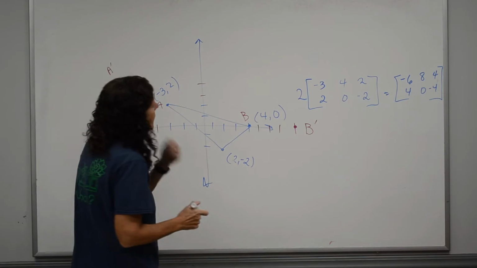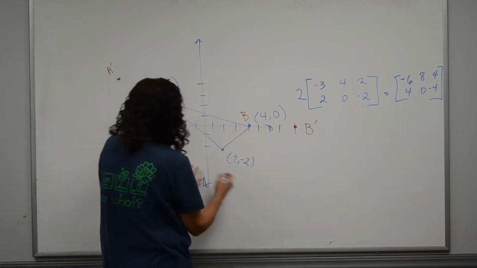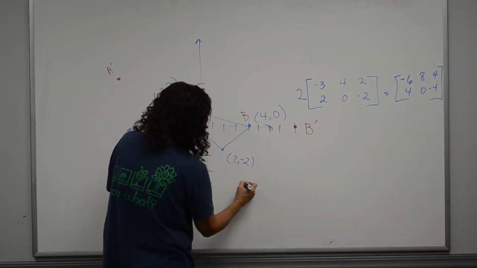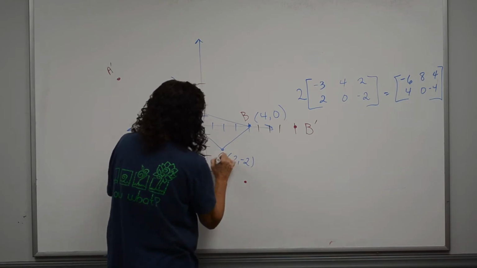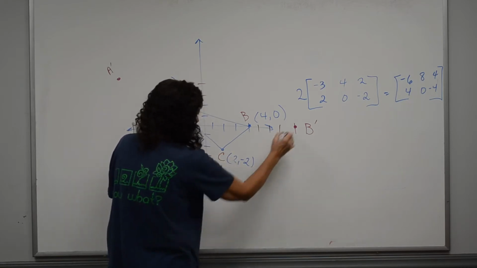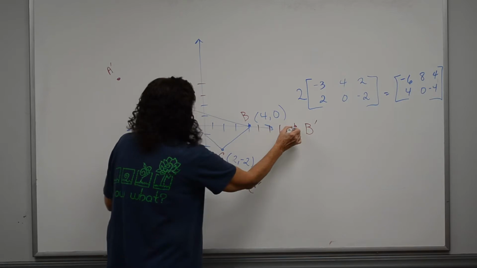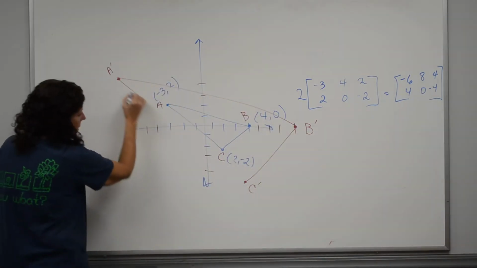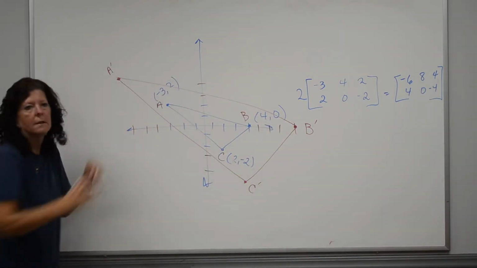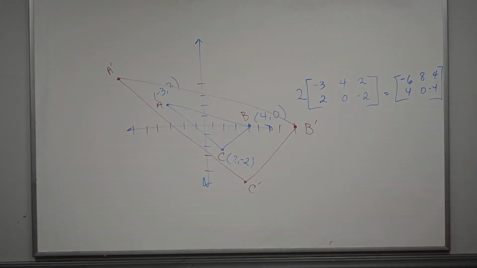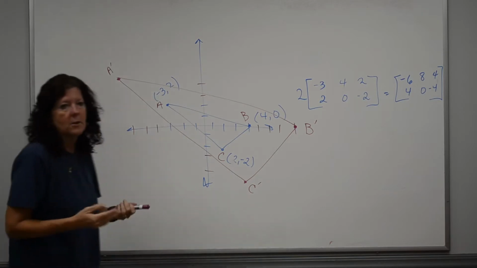And then the 2, -2 becomes 4, -4, which is down here, which if this is C, is now C prime. What you see is we dilated or expanded by a factor of 2. We made it twice the size. So that's one way that you can use a matrix.